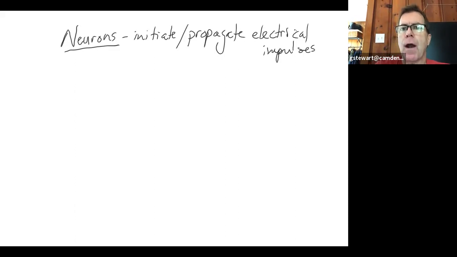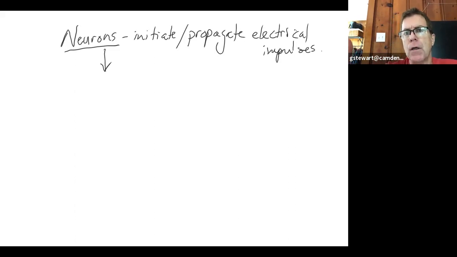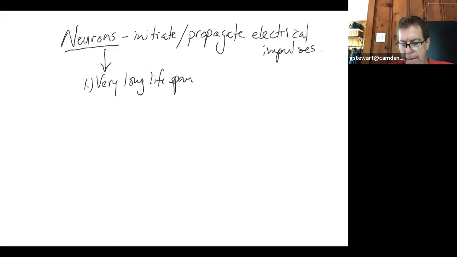But a few general characteristics about these, as opposed to other cells in the human body, what makes them unique. First, they have very long lifespans. And you'll see why that's important, because the number 2 characteristic is they are amitotic.